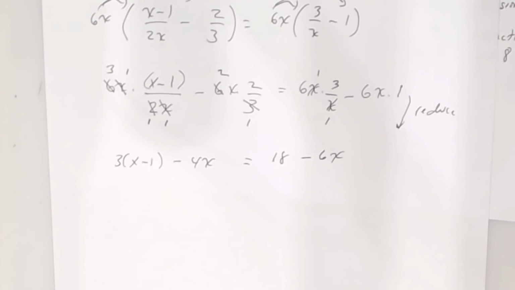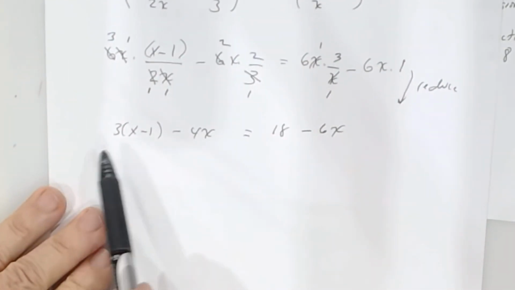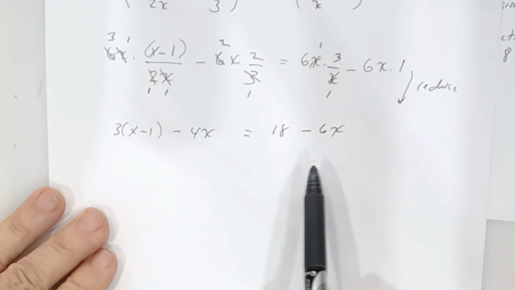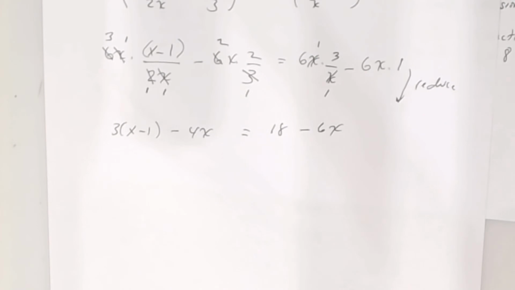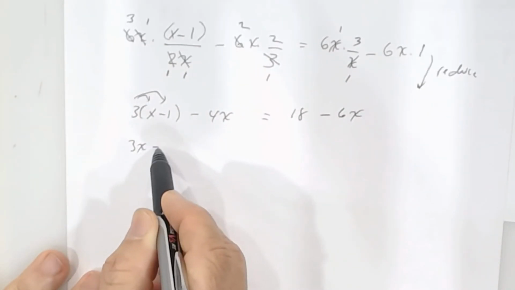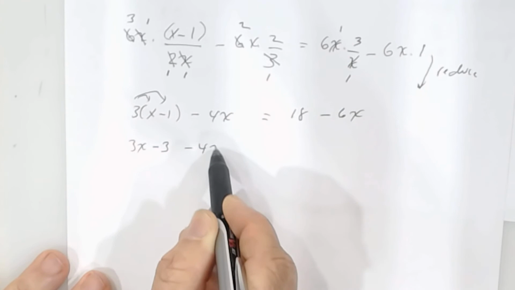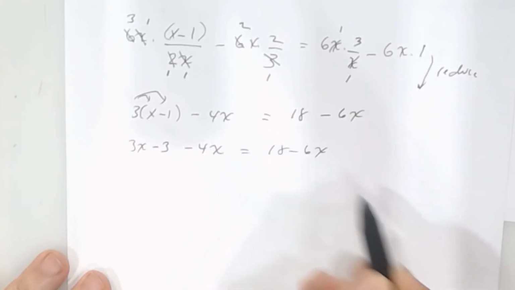So I went from a rational equation that looked complicated to a rational equation that's not as complicated anymore. What's the next step? Distributive property on that first parentheses. This is 3x minus 3 minus 4x equal 18 minus 6x.